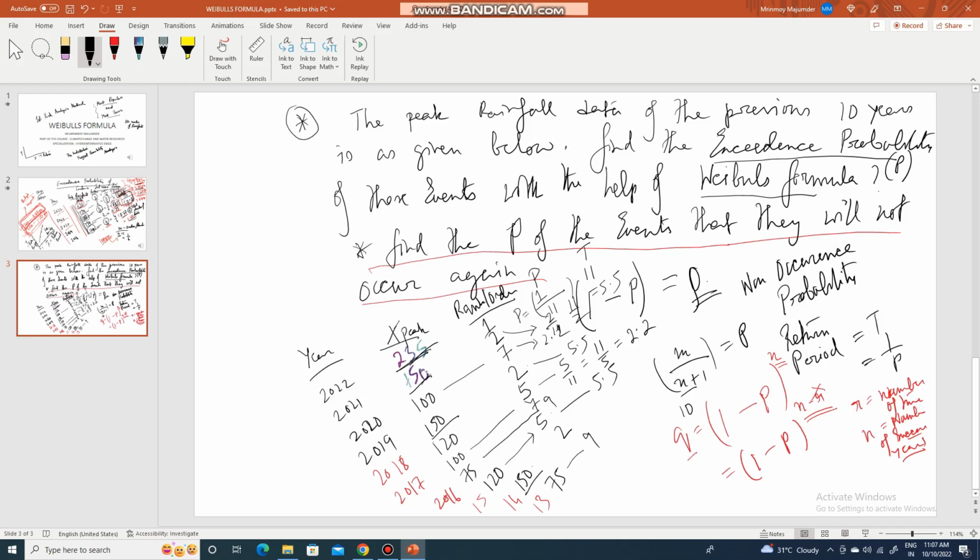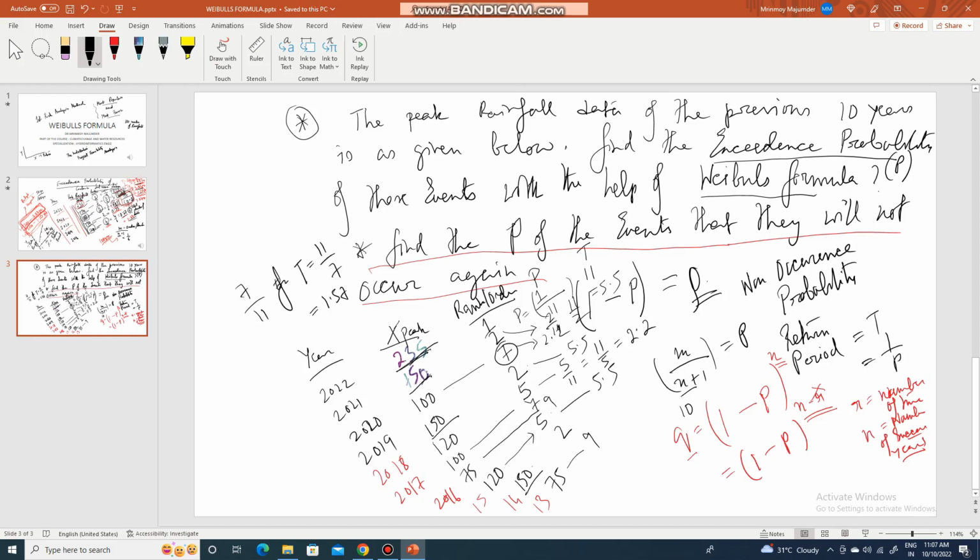So in this way, now we'll get the next event. The next highest event has the 7th position. So 7 by 11, the return period will become 11 by 7. So the result will be like this: 11 divided by 7 is 1.57.